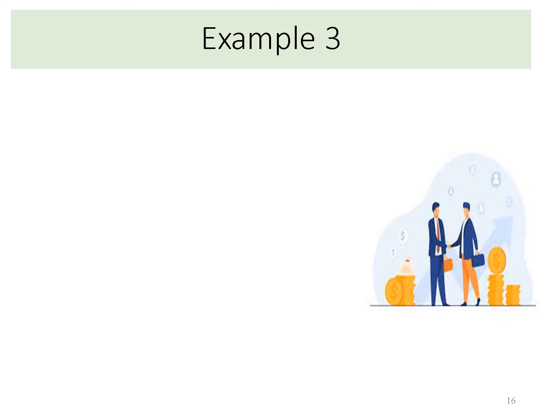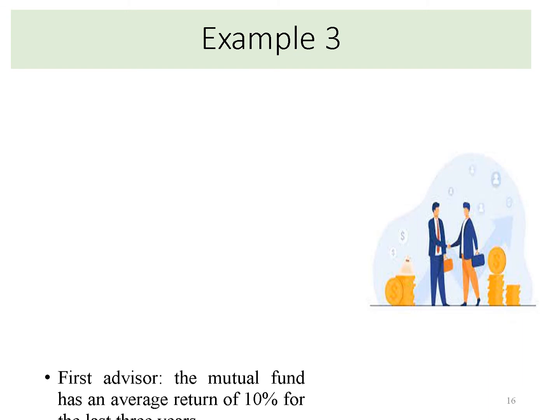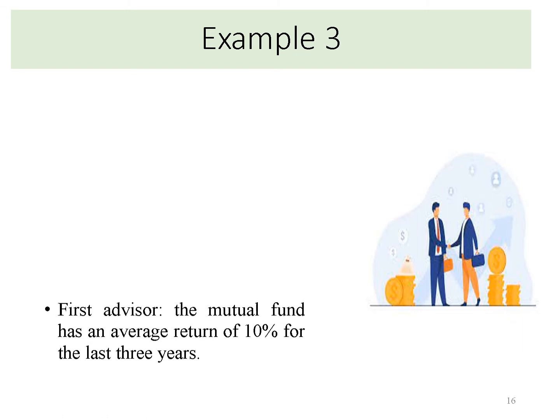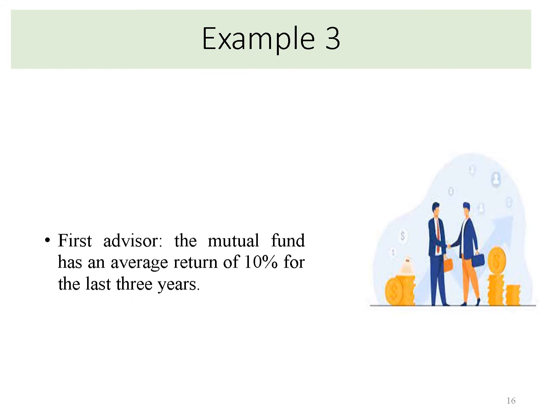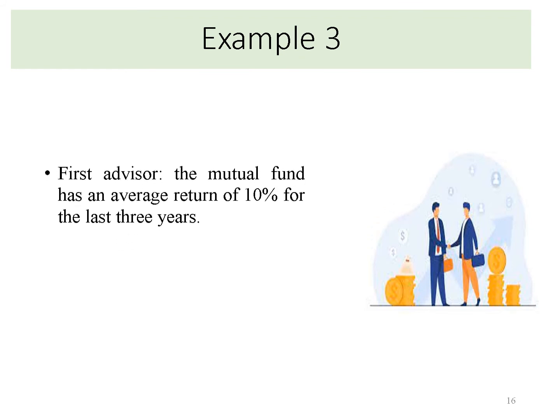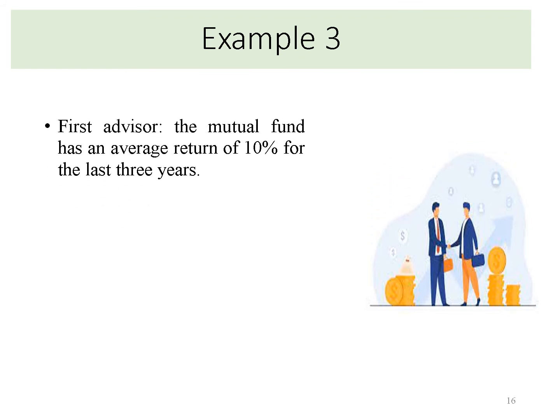Consider an investor who is given advice by two different sales representatives for the same mutual fund. The first advisor presents the fund by highlighting that the mutual fund has an average return of 10% for the last 3 years.